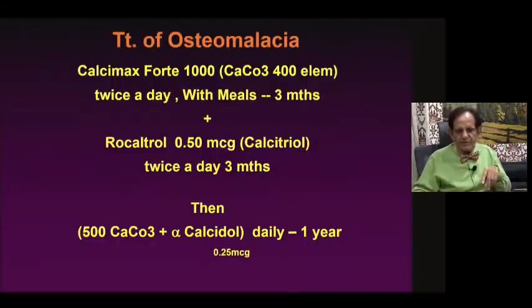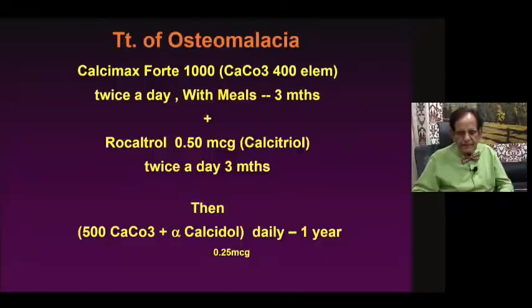So the treatment is a large dose of calcium, 1000, twice a day with meals. Why with meals? If you don't take calcium with meals, then the chances of kidney stone markedly increase. Even otherwise, in our population, 15 to 20% have kidney stones. And they come again and again. We don't know why.